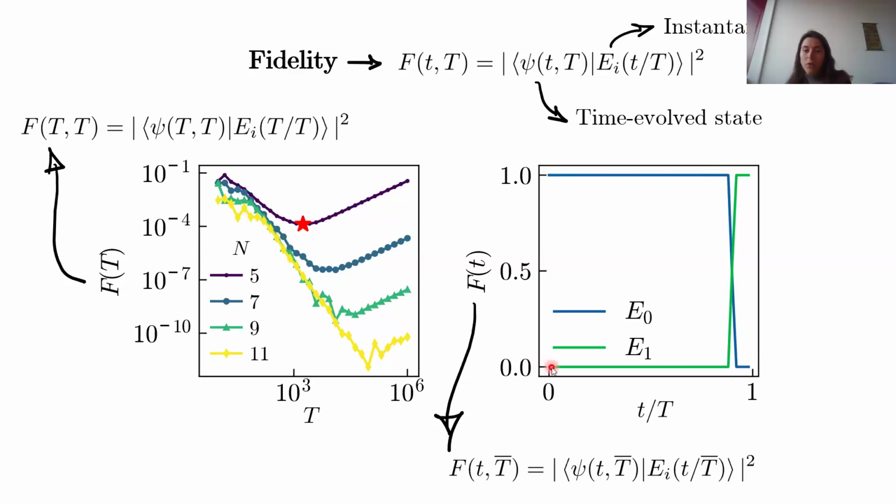And if we compute the instantaneous fidelity between the time-evolved state and the instantaneous first excited state, we see that this fidelity rises to the value of 1 when this gap closes. So we can see that there is a perfect Landau-Zener transition in this case.